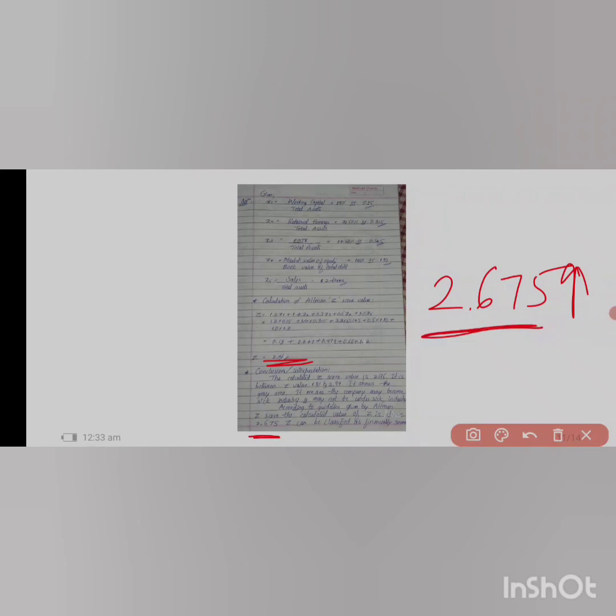And if the z-score value is less than this value, 2.675, what we can say, the company is heading towards bankruptcy. Okay, so see here, according to the guideline given by Altman's z-score, the calculated value of z is above 2.675, so we can classify it as a financially sound company.